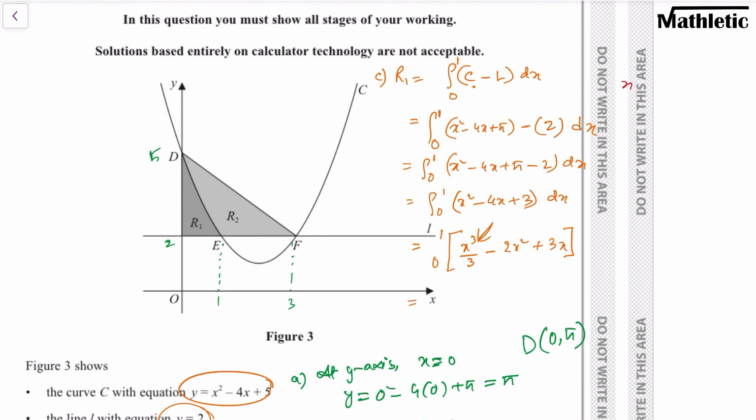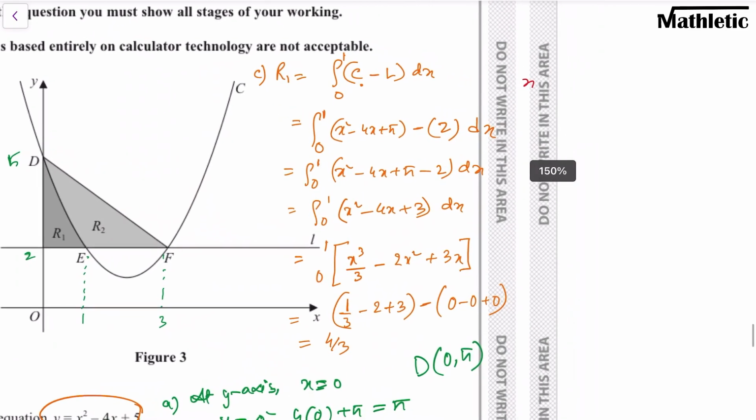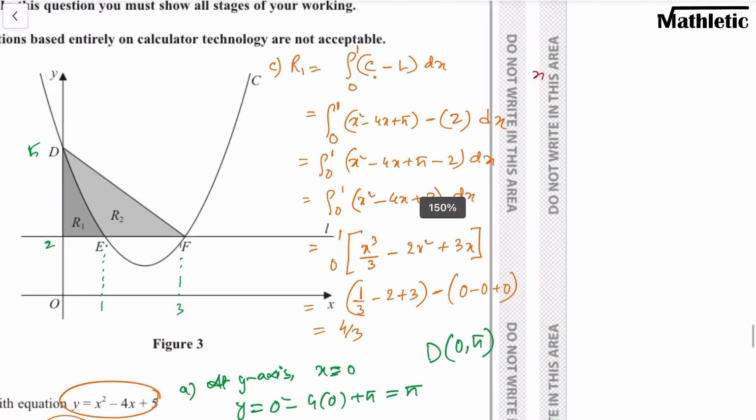The upper limit is 1, so you replace all the values of x by 1. Then minus, you replace all the values of x by 0, which gives us 0 obviously. So the final result will be 4 by 3. That's the area of R1.